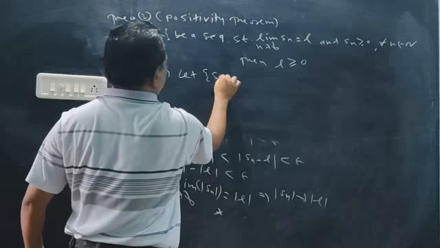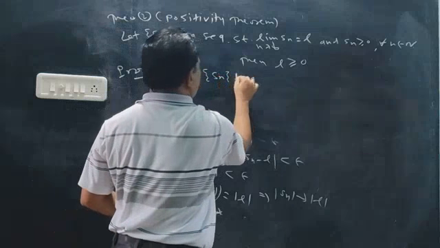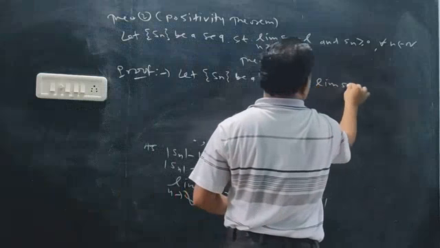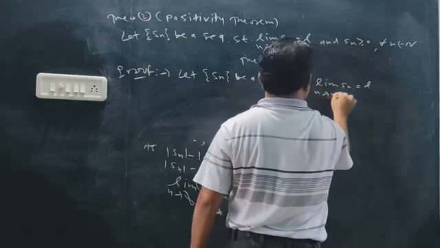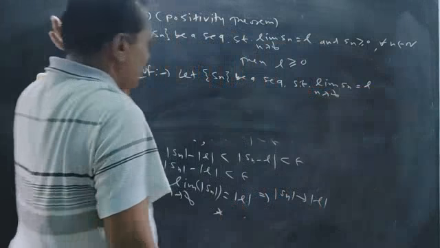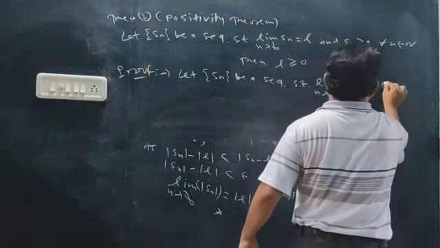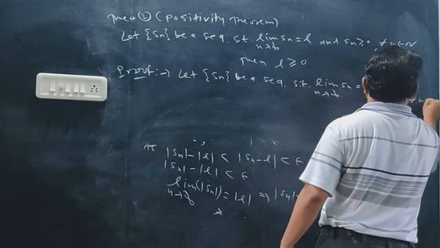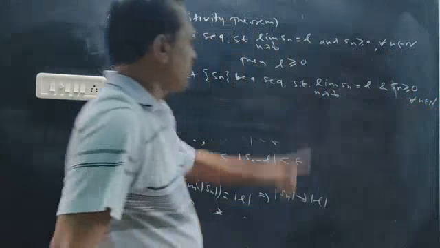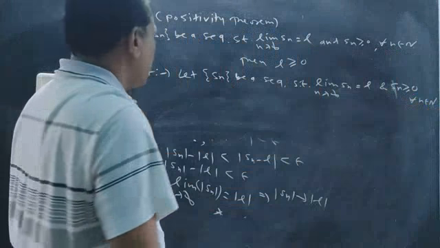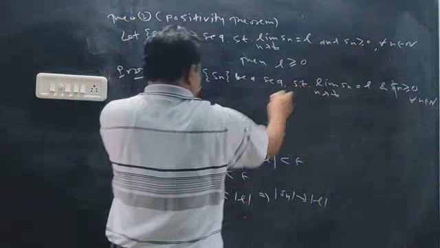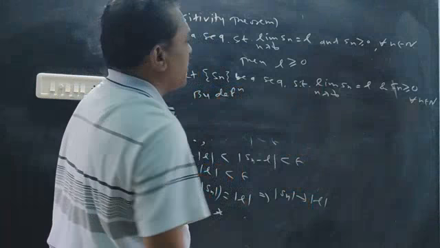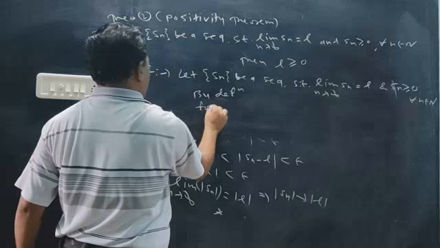Let Sn be a sequence such that the limit of this sequence is L, and every term of this sequence, S1, S2, S3 and so on, is positive. Therefore the definition of the limit of a sequence applies here.